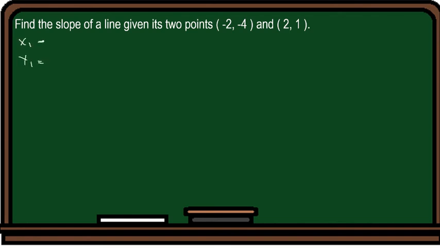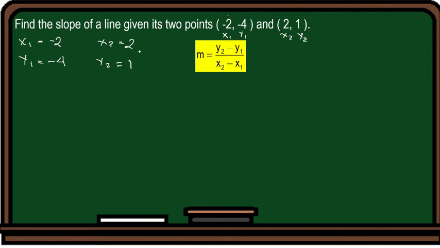Sa x sub 1, makikita nyo dito sa first point, ito si x sub 1, so we have -2. And y sub 1 is -4. For your x sub 2 and y sub 2, nandito yun siya sa second point. So, we have 2 and 1.